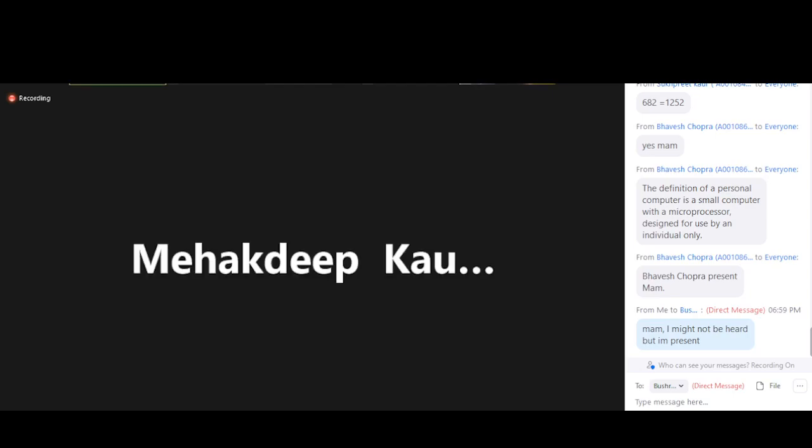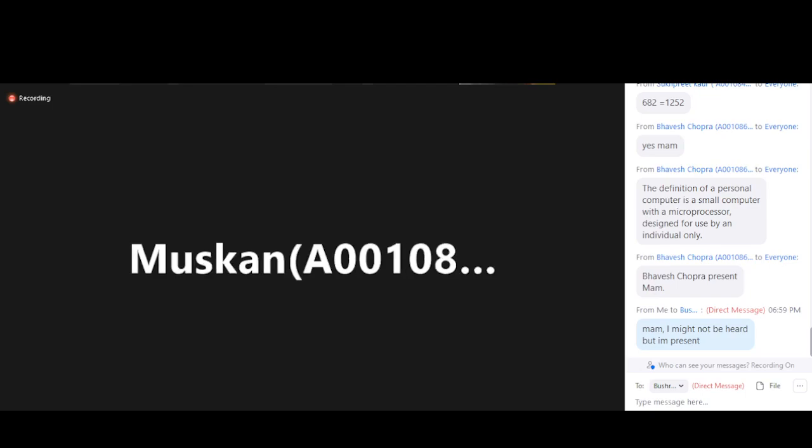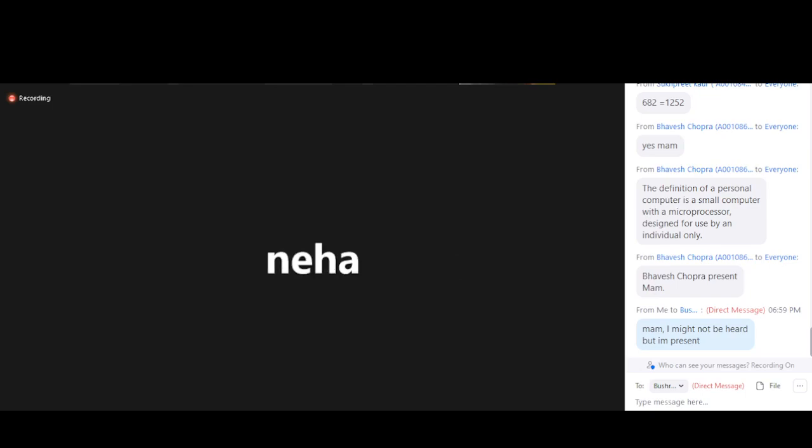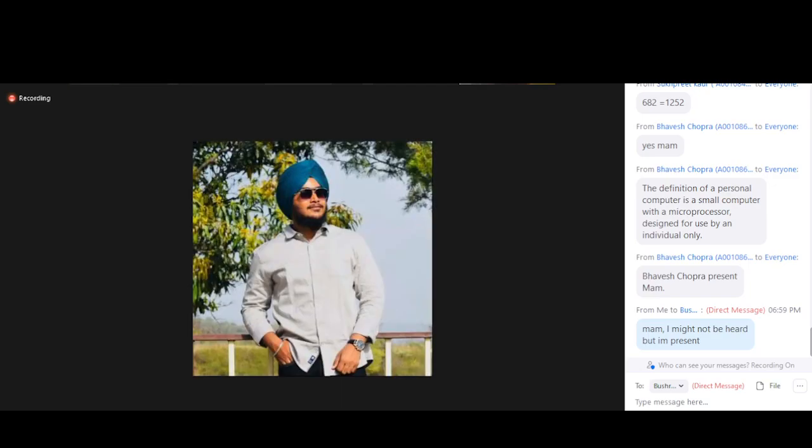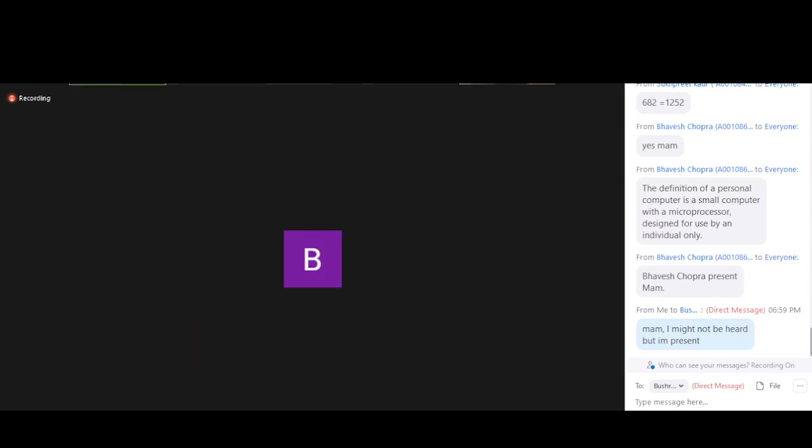Muskan, present, ma'am. Neha, present, ma'am. Parminder Kaur, present, ma'am. Prinkle Jot, present. Ravinder Singh, present, ma'am.